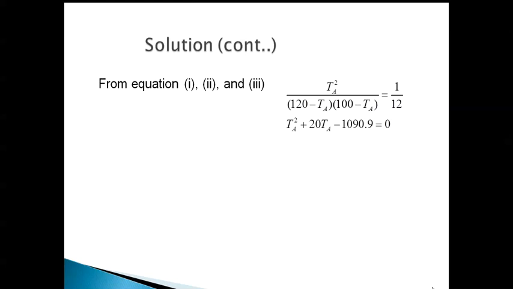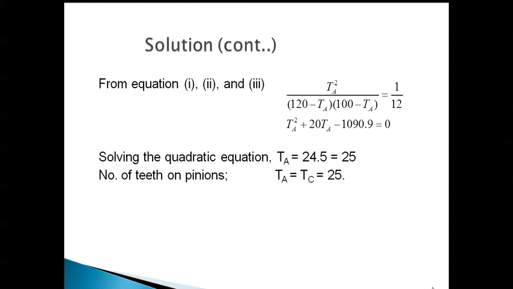So here we got an equation TA square plus 220 into TA minus 1090.9 equal to 0. Then by solving this quadratic equation, TA will get 24.5, that is equal to 25.